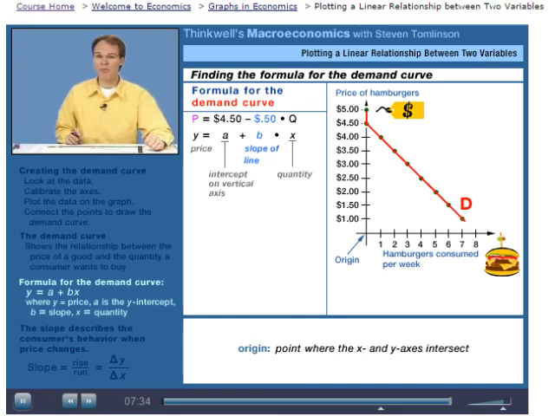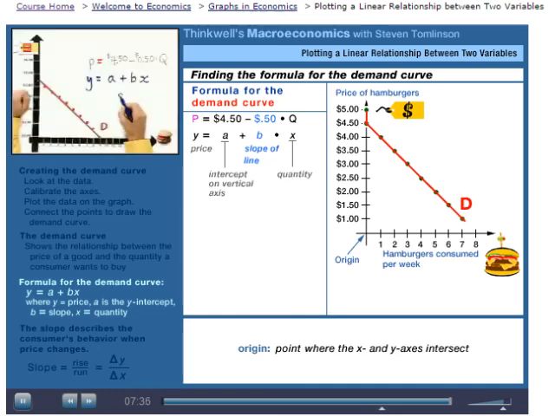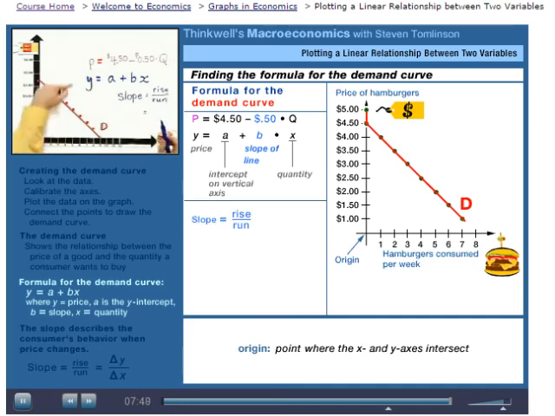Let's take a moment and remind ourselves about the slope of a line. The slope of a line is equal to the rise over the run. And the rise over the run is the same thing as saying the change in the y variable, that is the rise, the upward movement in the graph, delta y, which in economics stands for the change in y, divided by the run, which is the horizontal movement, or the change in x.